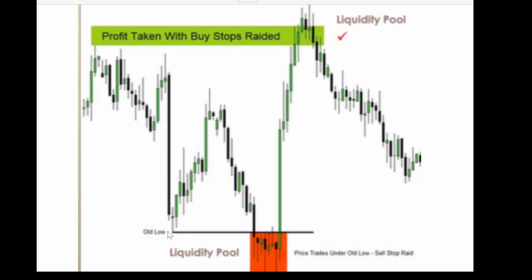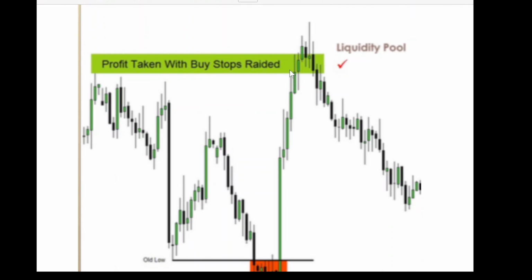So here was an old low, and now price broke that low. Here will also serve as a support. So price broke that low, yet it made a fake breakout, and then took out all the sell stops which are lying here, and then went back up to take profits from the other side, the green zone.